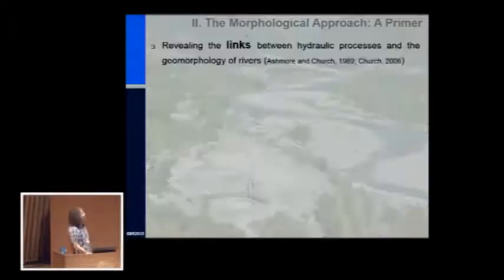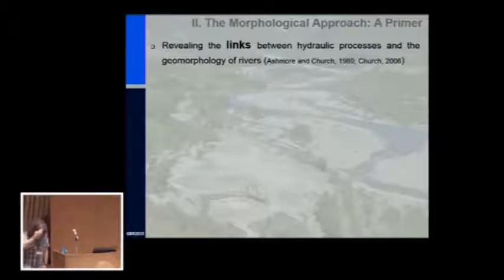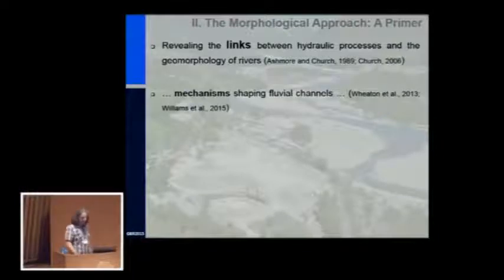reviews of the method. So when you look at the morphological approach, what is clear is that instead of direct sampling of bedload transport, with the morphological approach we are able to link hydraulic processes and the geomorphology of rivers, and that's quite important: how the rivers work and why the rivers evolve in that way. We can look at the mechanisms of shaping fluvial systems, and these are two recent publications in which we do that.